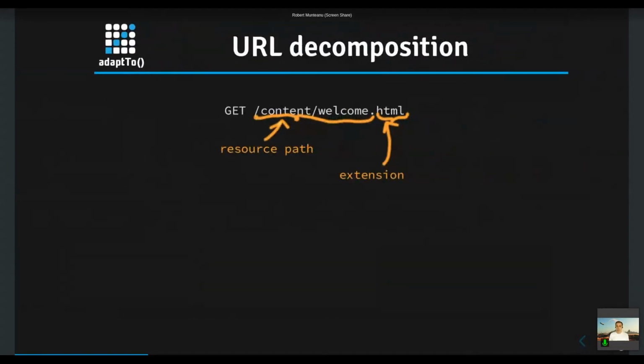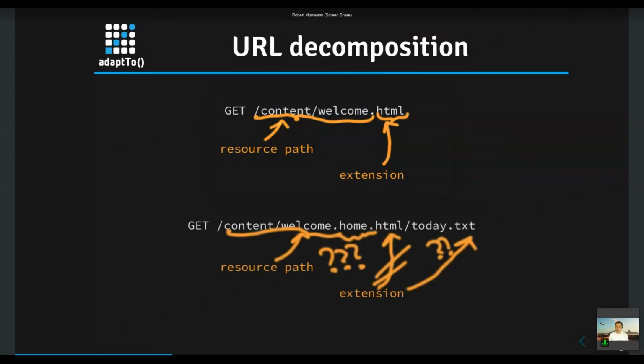And one very important part where it is used is URL decomposition, which means, okay, we have a request, let's find the resource. And sometimes it is very plain and simple, like when you have this /content/welcome.html. So probably the resource is /content/welcome, and html is the extension.